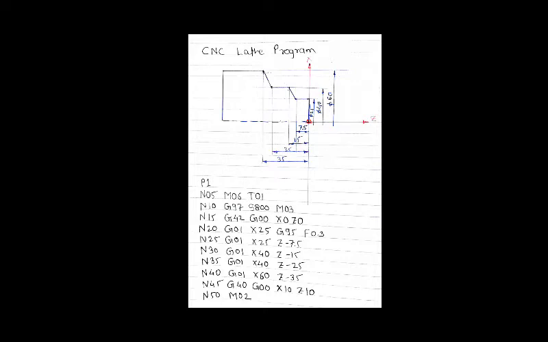Then the next block is N10, G97, S800, M03. Here G97 is for a fixed speed, that is a constant spindle speed of 800 rpm, and M03 is clockwise direction.